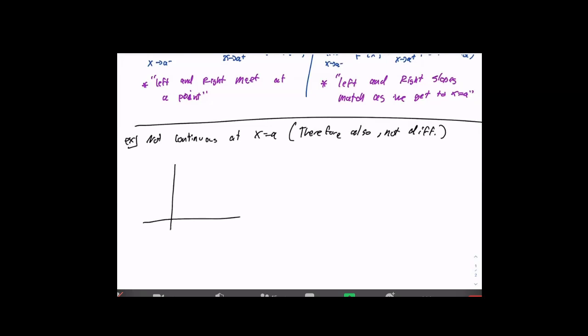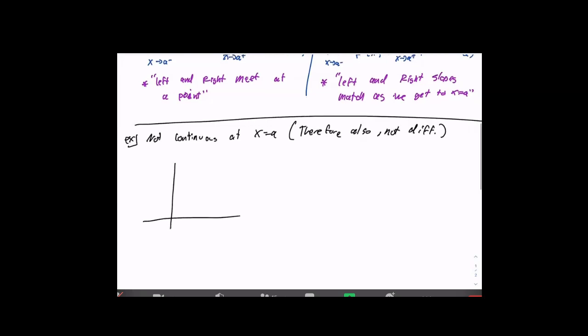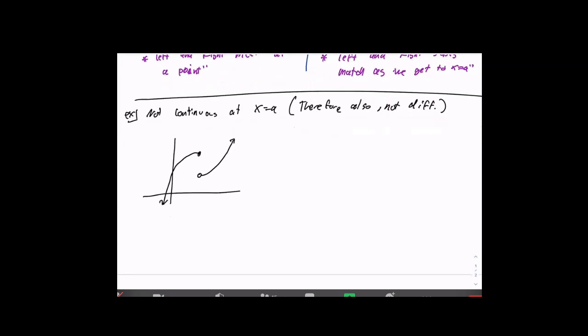The first one is this one right here. This one is not continuous at x equals a.